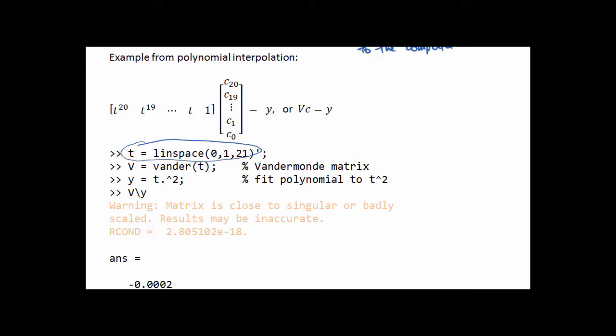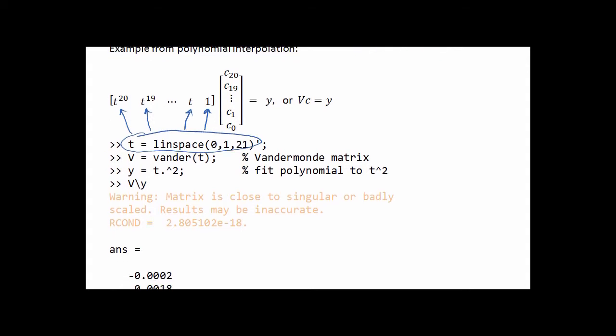So we can fit a polynomial of degree 20 to it. So we take those values of T and stuff them into the columns of a square Vandermonde matrix. It's 21 by 21.